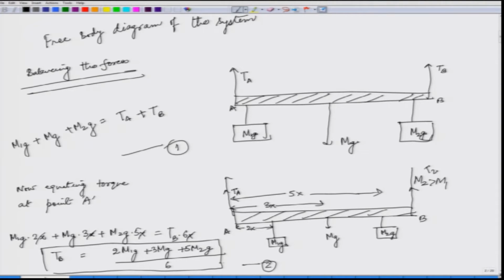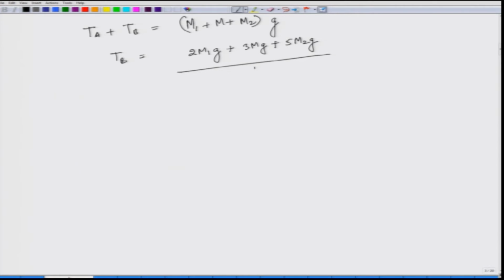Now, by plugging the value of Tb in equation number 1, we can find it easily. We know that Ta plus Tb was (m1 plus m plus m2) g, and we have already calculated the value of Tb, which was (2m1g + 3mg + 5m2g) divided by 6.